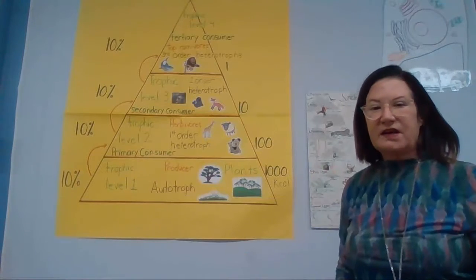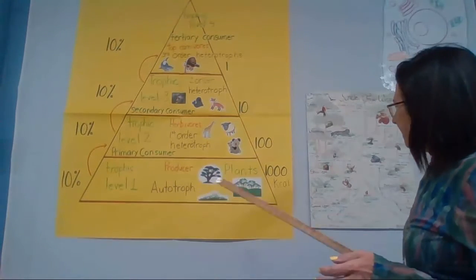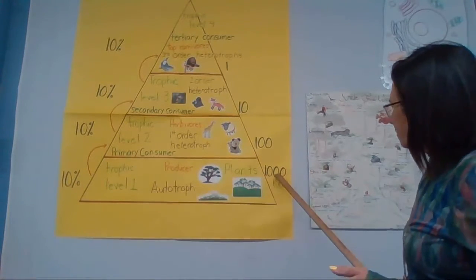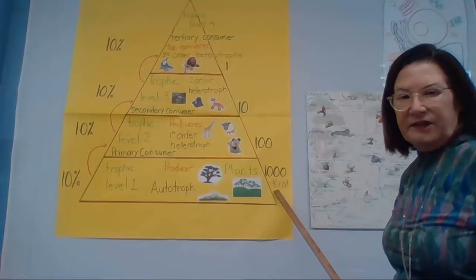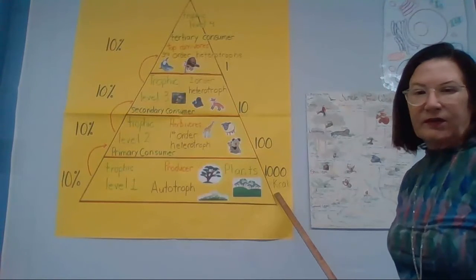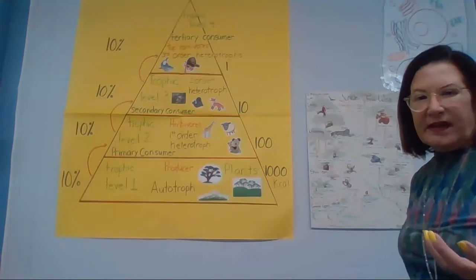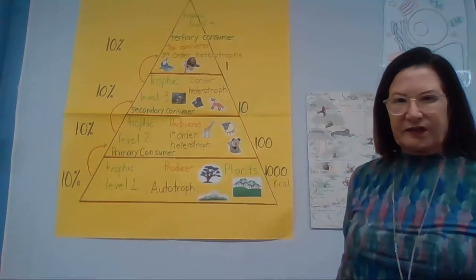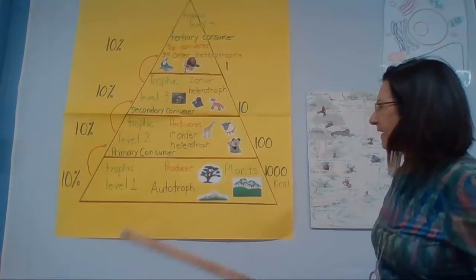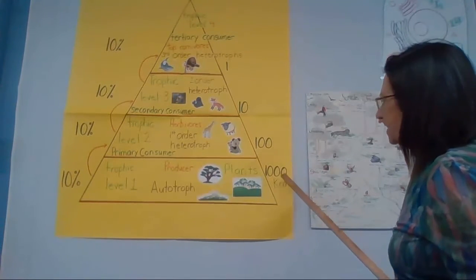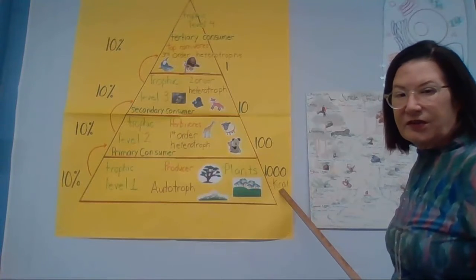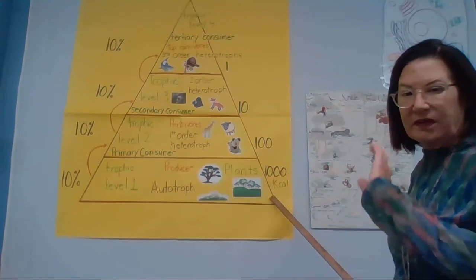So if I say, for example, down here, I have this 1000, and this stands for kilocalories. So kilocalories is measuring energy. All right, so if I have 1,000 kilocalories, and you'll see this on the test, kilocalories. Don't let it freak you out.